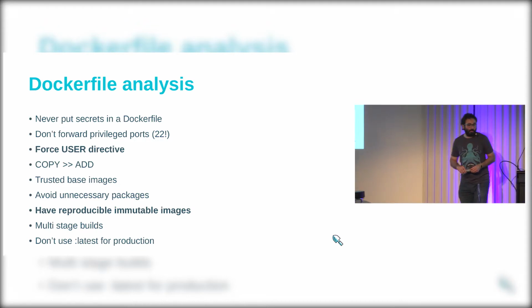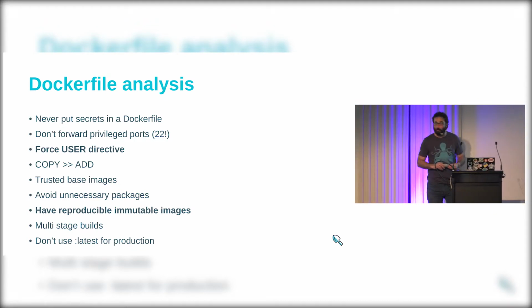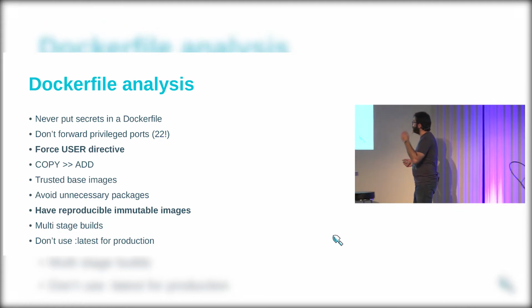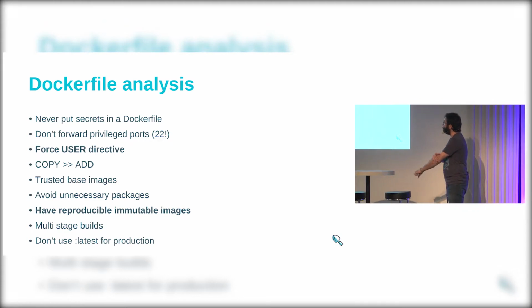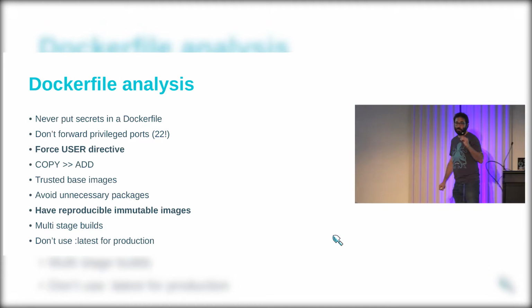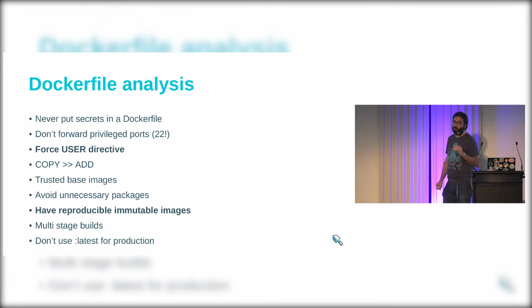Also, we have some Dockerfile tips. Most of these are well known, but I want to remark on the user directive. If you don't put a user directive, that container is going to run as root.